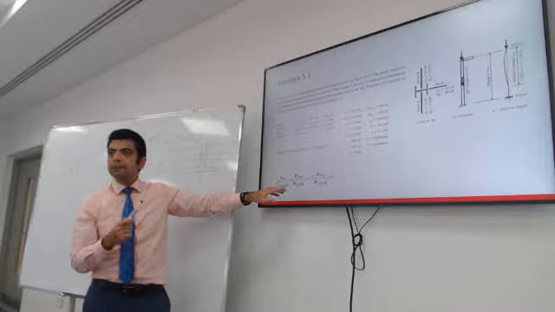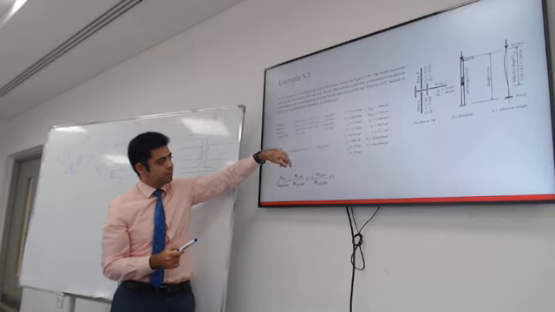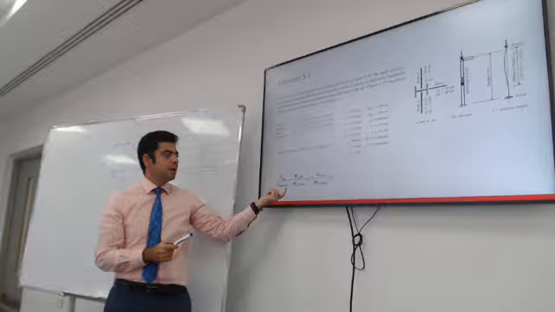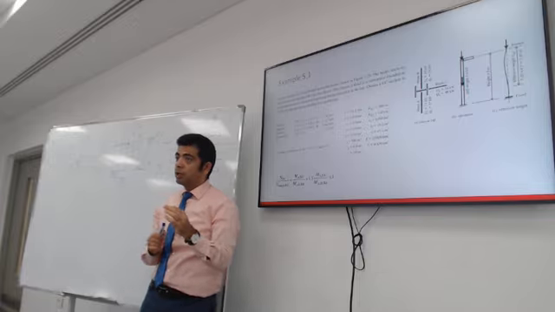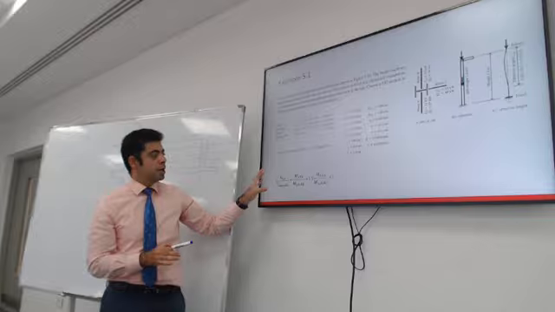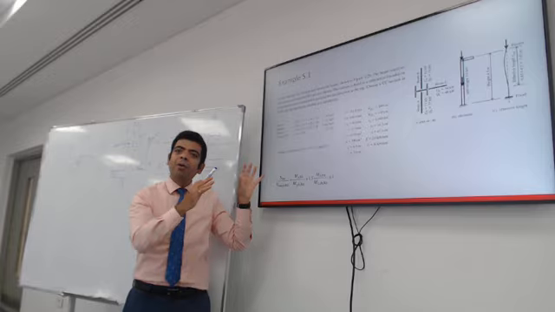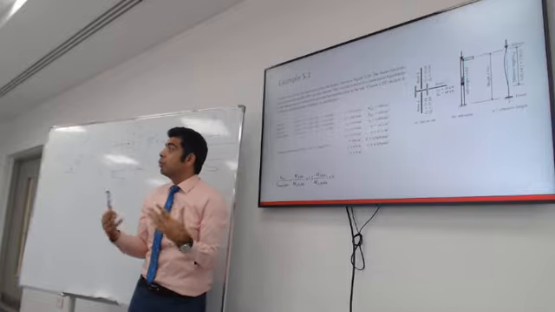Less than 1. Yes, you start calculating the actual forces, and then you calculate the actual capacity. For each one, you refer to the code equations, and once you figure all that out, you bring it to this unity equation. Unity means that when you add all the factors, it shouldn't exceed 1. If it exceeds 1, it's overstressed.